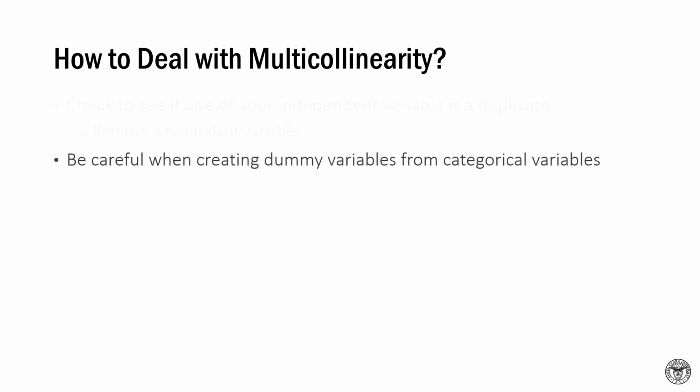Second, be careful when creating dummy variables from categorical variables. When creating dummy variables, it is important to avoid creating redundant variables, as this can lead to multicollinearity and affect the interpretability of the model.